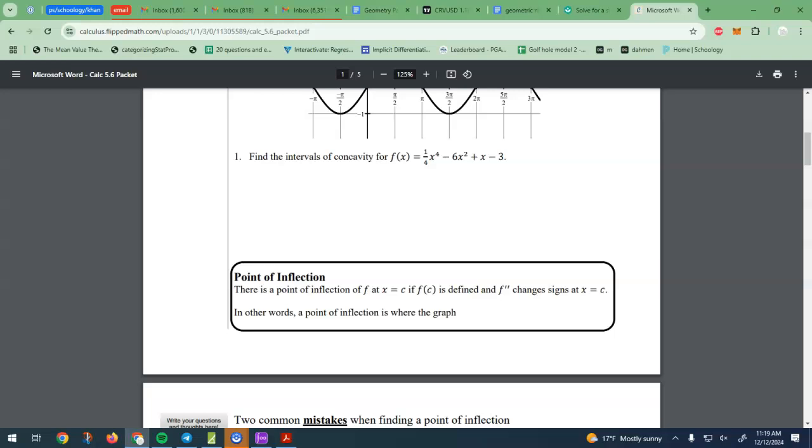So we solve this, we get x equals 2 and x equals negative 2. With me? Same thing we did with the first derivative. Some of you probably aren't making the number line, but just put it up there. That gives me my intervals: negative infinity to negative 2, negative 2 to 2, and 2 to infinity.